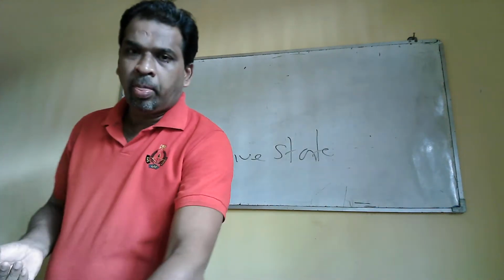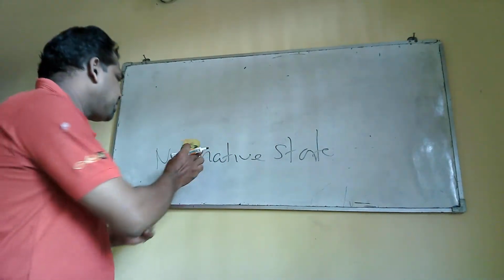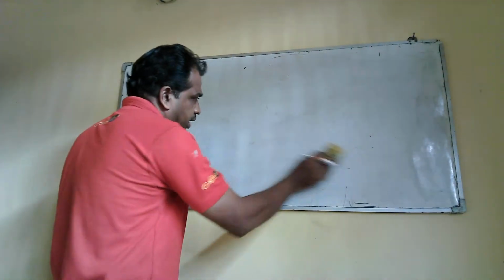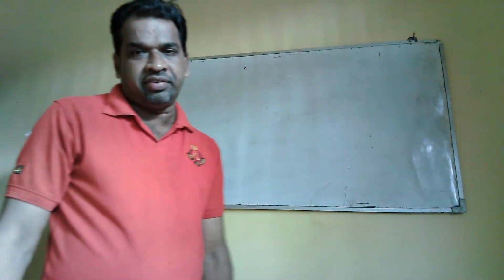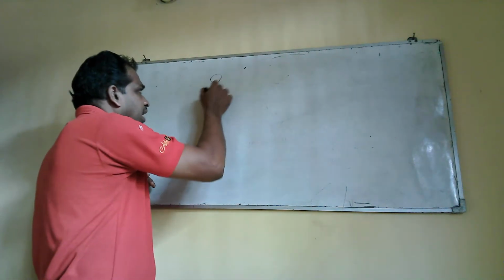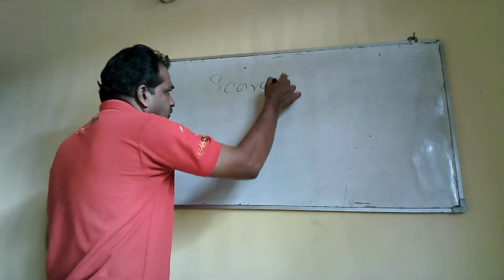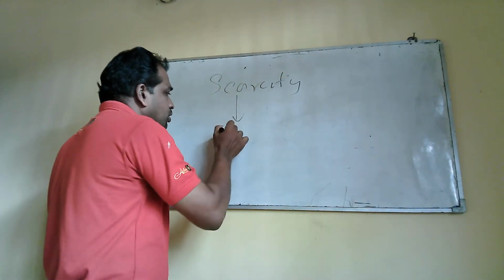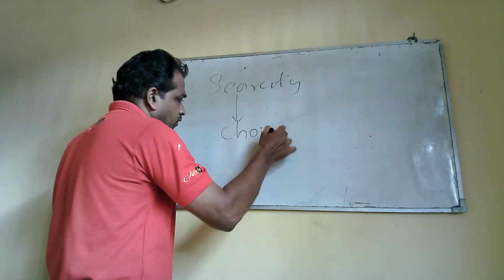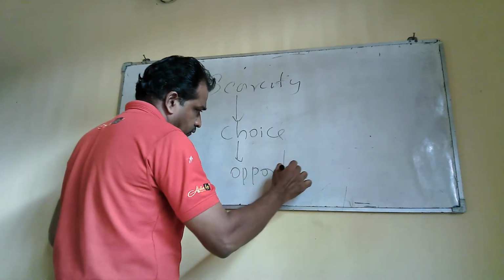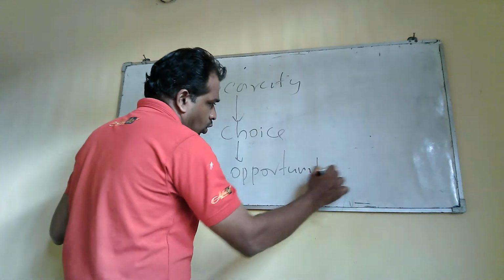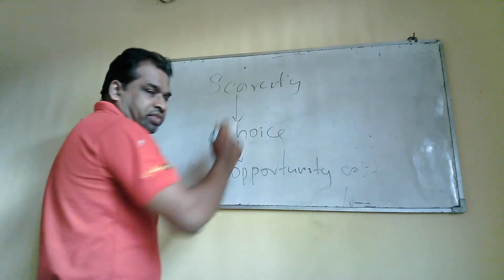Okay. Then we will understand another three concepts which have interrelationships. Number one, scarcity. Number two, choice. Number three, opportunity cost. What is scarcity?